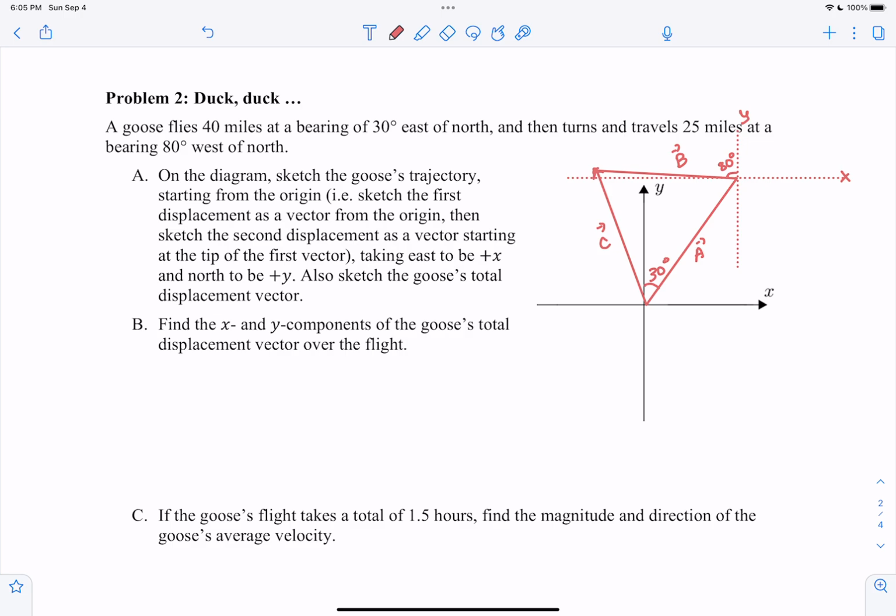C, right? Yep. So C would be our displacement vector because it gets us from initial to final.